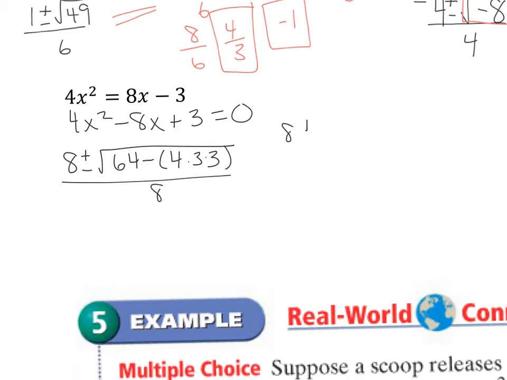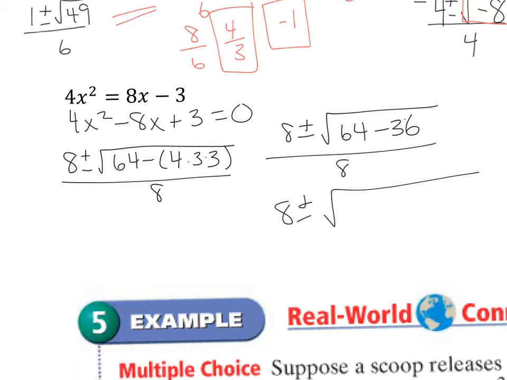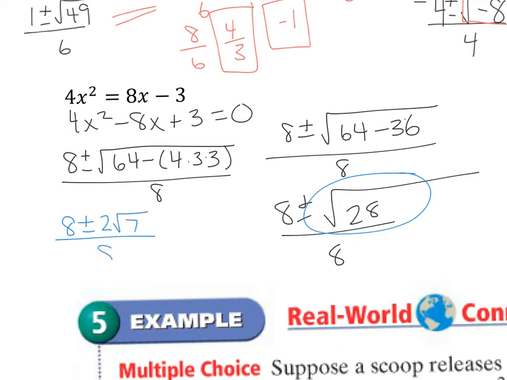So it's 8 plus or minus the square root of 64 minus 48, all over 8. So 8 plus or minus the square root of 16 over 8. The square root of 28, you can break it down into 2 root 7. So I have 8 plus or minus 2 root 7 all over 8.